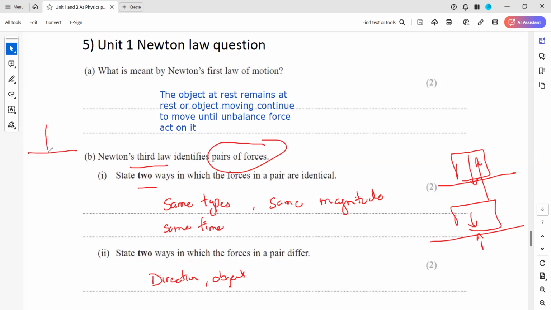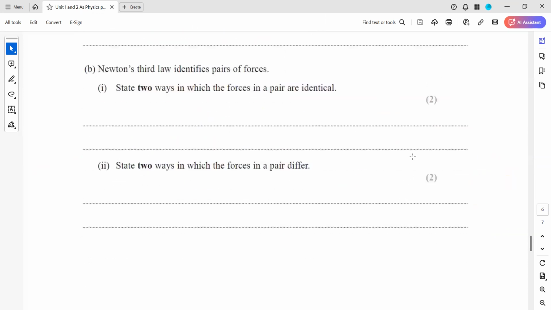For example, if we push the ground, the ground will push us. So our force is on the ground and the force of the ground is on us. That's why Newton pair forces always act in opposite directions and on two different objects. That's how they're different from each other.